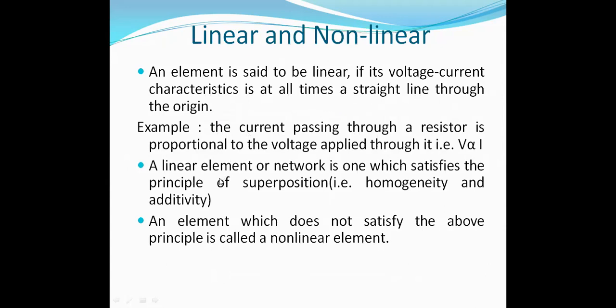A linear element is one which satisfies the principle of superposition, that is, the principles of homogeneity and additivity. The element which does not satisfy the superposition principle is called a non-linear element. Okay.